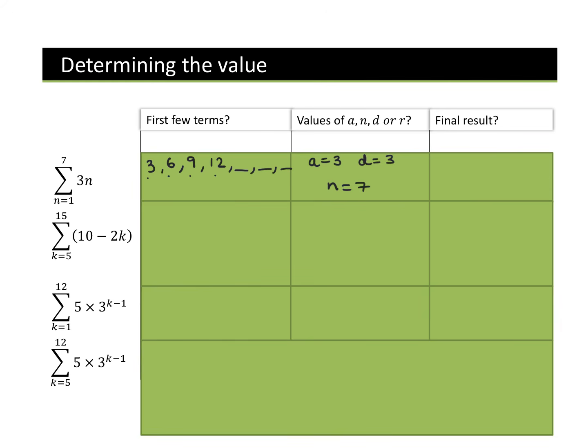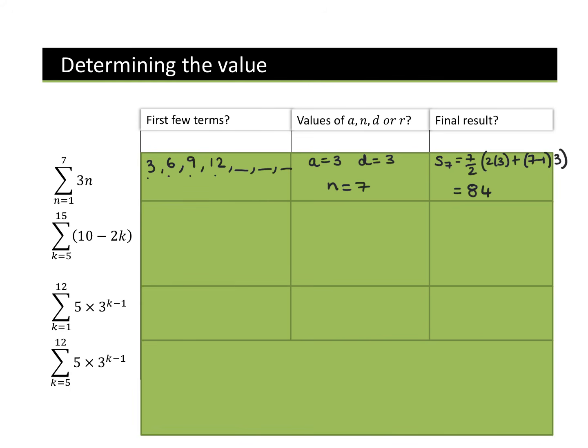So then, we know that S, the sum of the first 7, is n over 2 lots of 2a, plus n minus 1 lots of d. And when I figure this out, I get 84.